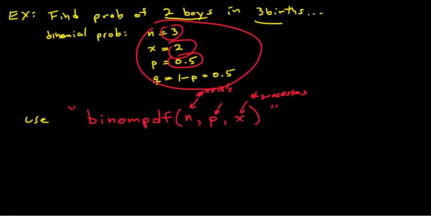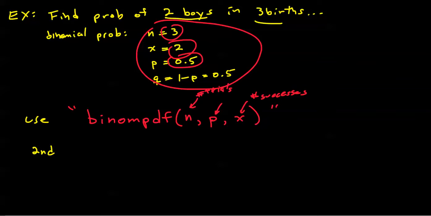To find this command, it's under the distribution menu. If you look on your calculator, above the vars button on your keyboard, there should be a DISTR, or distribution menu. And that's where I'm going to access this formula.